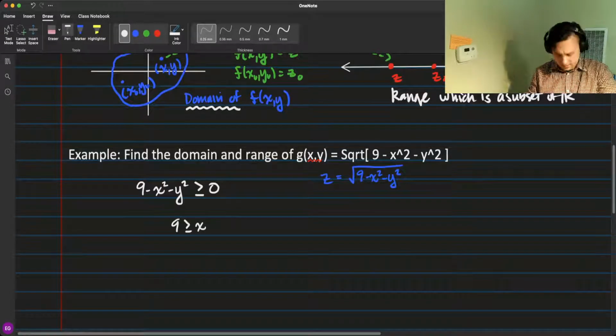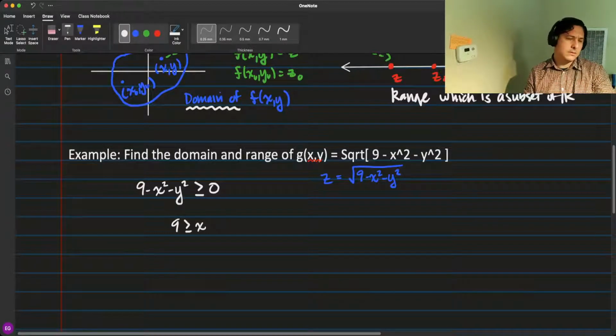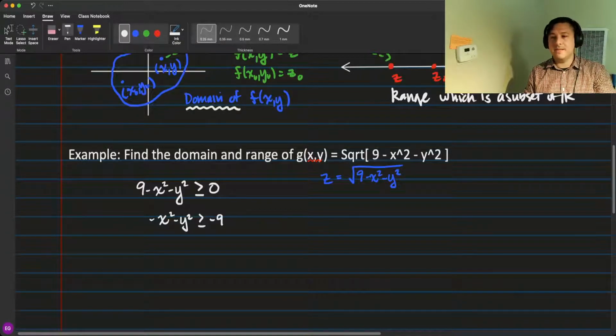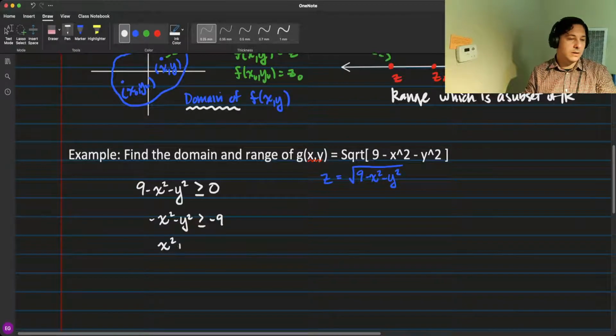That doesn't make any sense. One second, I'm having a brain fart. Well, I guess we could do this. If you subtract 9 from both sides, you do this. Oh, there we go. And then if I multiply everything by negative 1, what's going to happen?